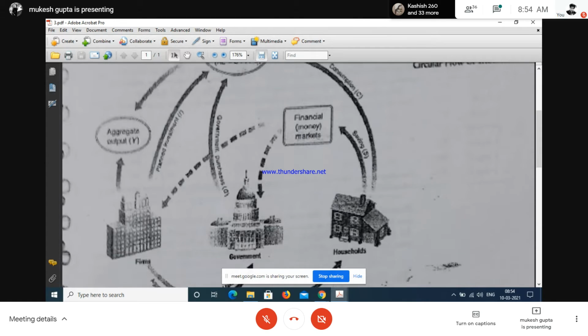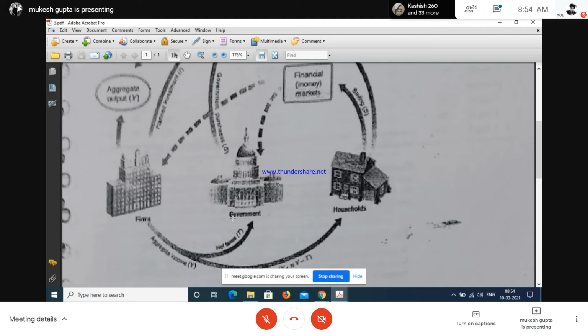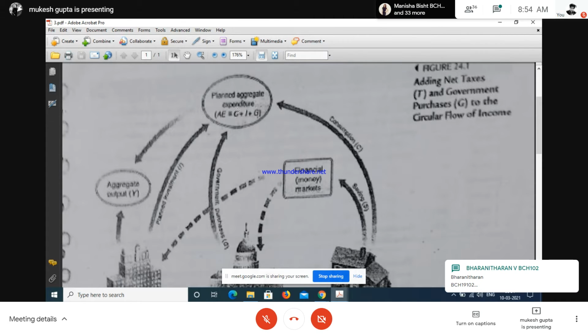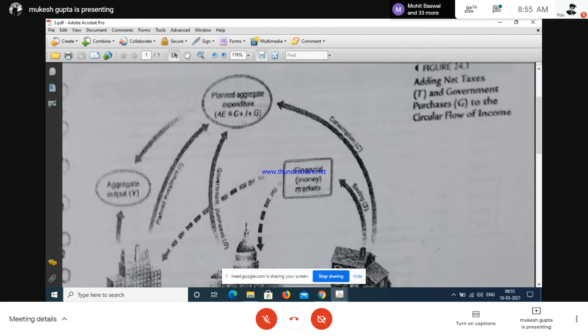The government collects revenue and spends on purchase of goods and services. So aggregate expenditure on the aggregate output is consumption, investment, and government expenditure. The firm is also part of the household sector.